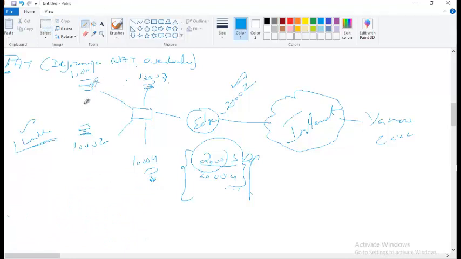So let's say these are A, B, C, D. When PAT is enabled, which is also called dynamic NAT overload, if this guy C wants to go online, the packet comes from 10004 and is given the first address in the pool, 20003.